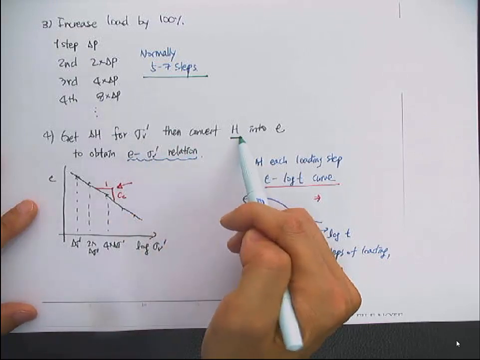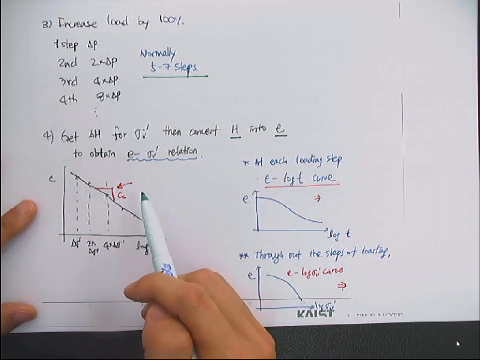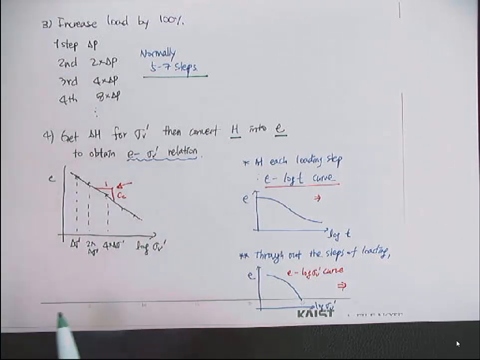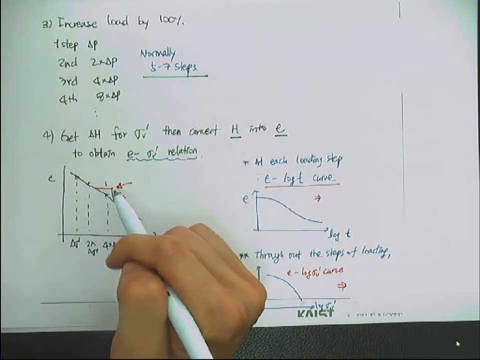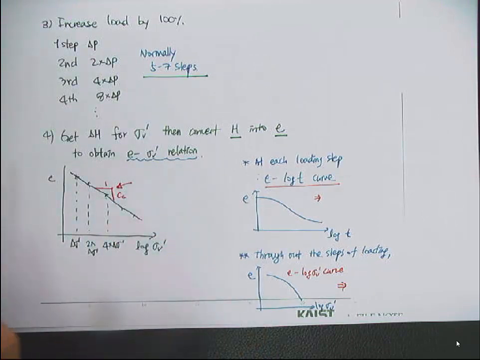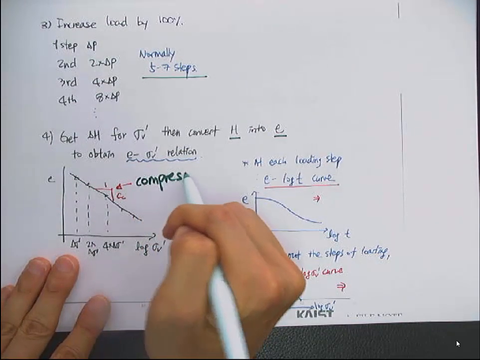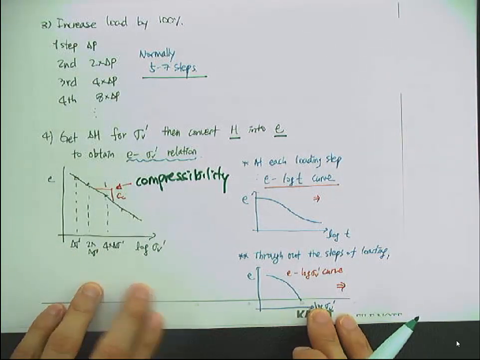Then convert the H into the void ratio, then you can obtain the E and vertical effective stress relations, like this curve. The slope of this E versus vertical effective stress curve is called the compressibility.